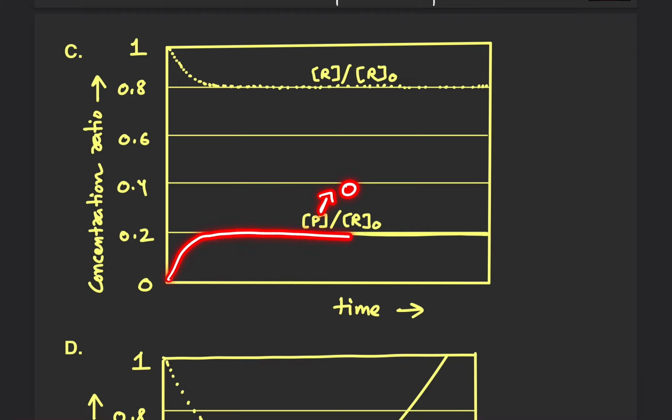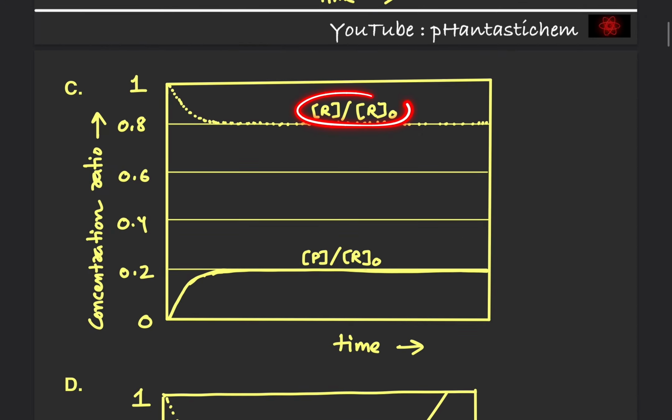It increases exponentially to a final value of 0.2 at equilibrium. Similarly, the value of R by R naught starts from 1 because at time t equal to 0 the concentration of R is R naught, so R naught by R naught is 1. And it decreases exponentially to a final value of 0.8 at equilibrium. So C is the correct answer.